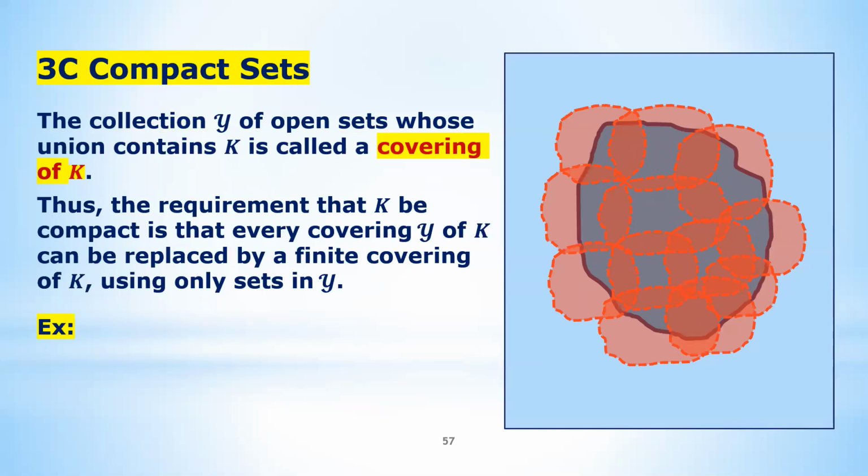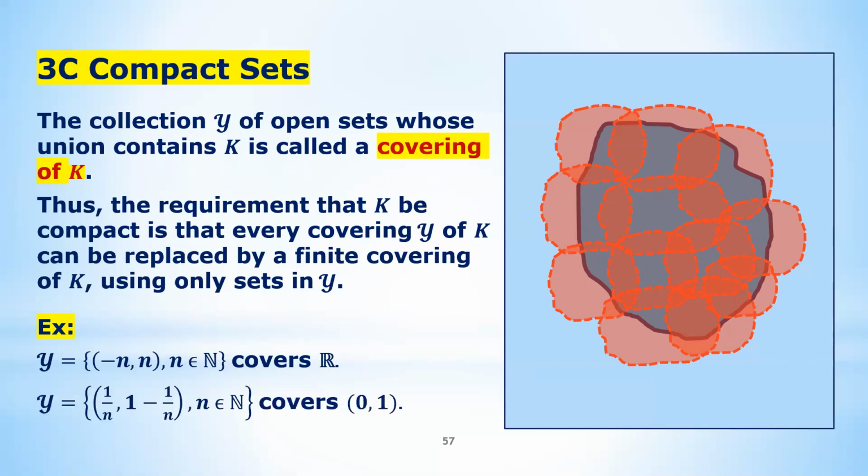Now here are some examples. Think about the interval from minus n to n. These are open sets in R, the one-dimensional Euclidean space. If you collect all these intervals from minus n to n, letting n vary, the union of the whole family will cover R itself. So it's a covering.